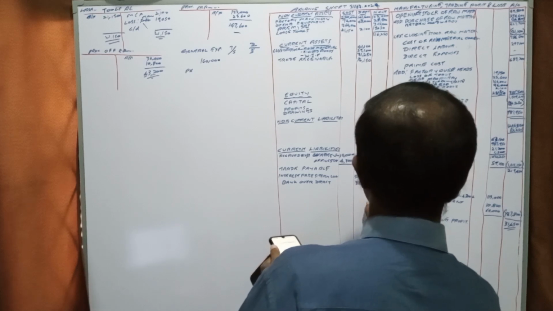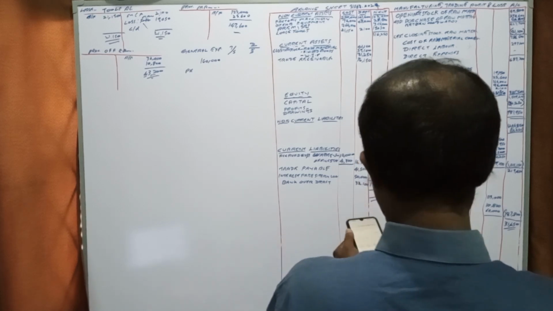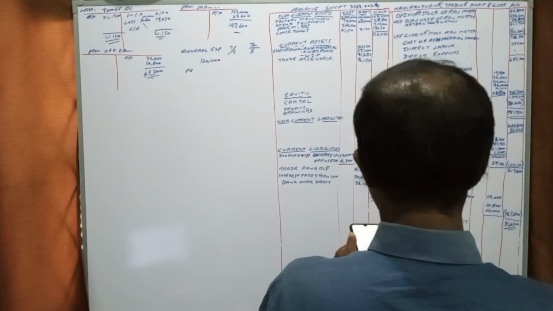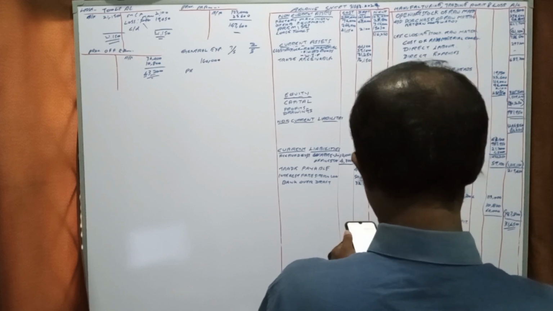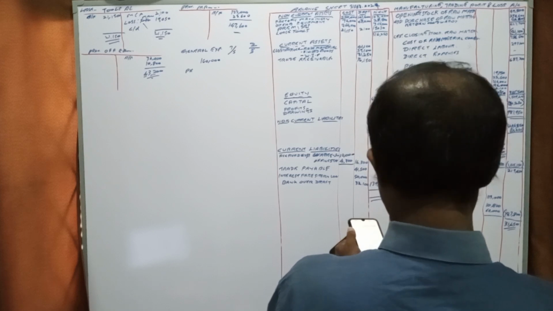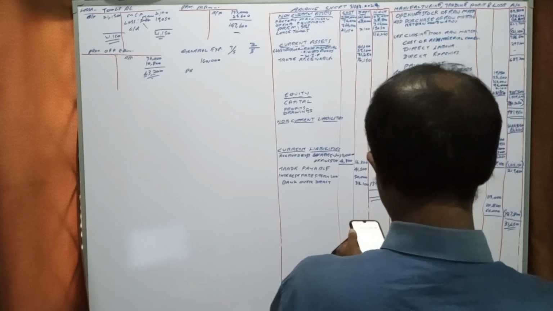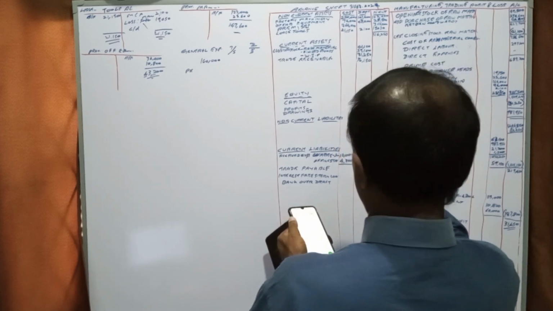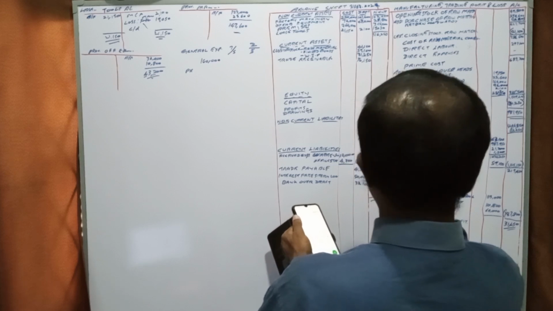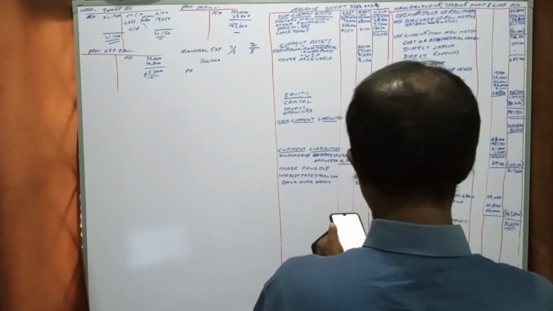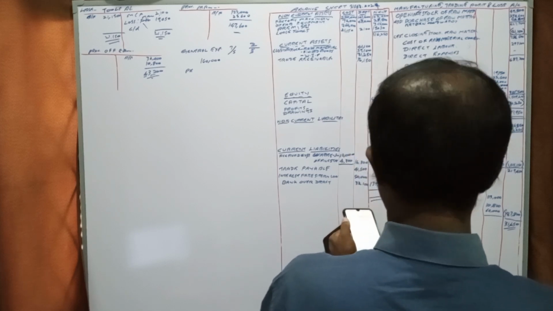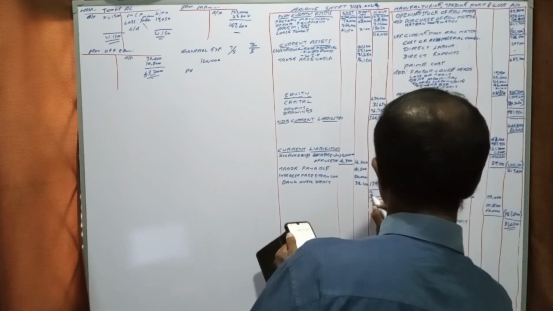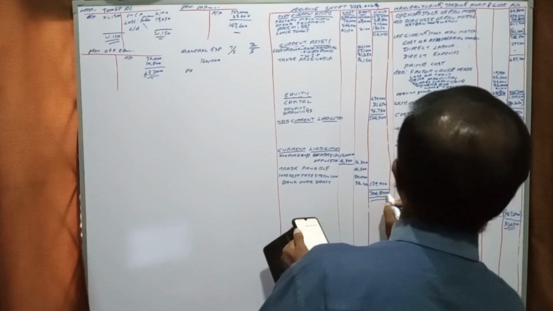Okay, right. 630,000 plus 31,650 minus 96,750, right? 564,900 plus 139,900, 704,800, right?